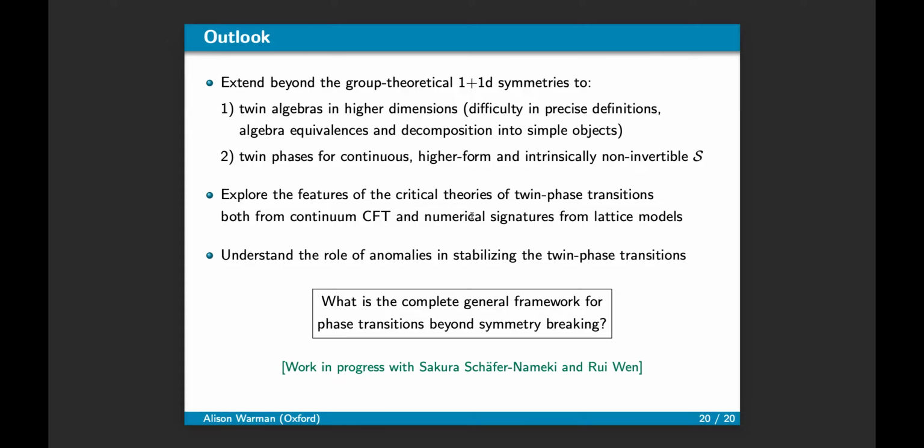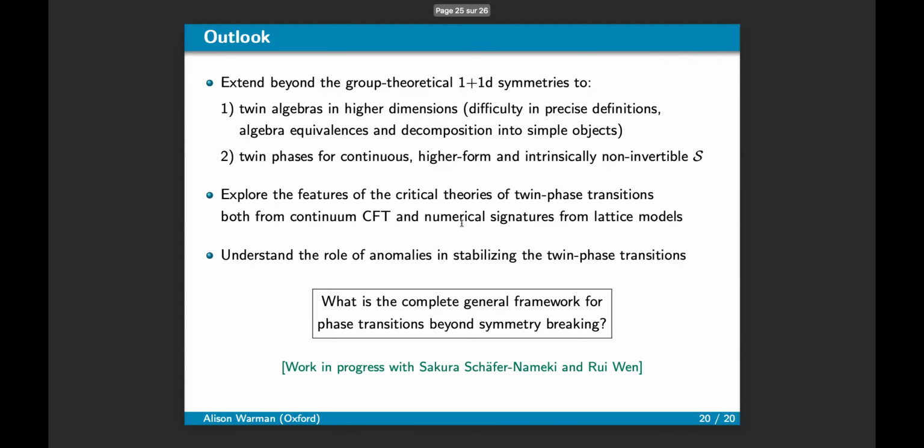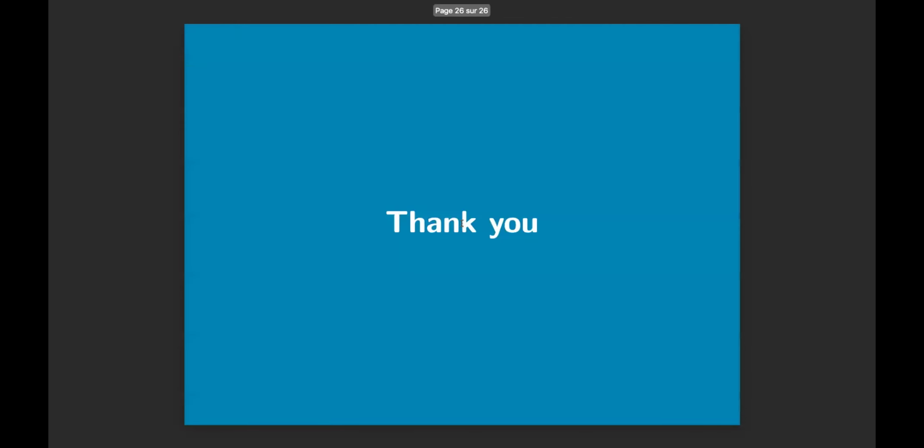And finally, we've seen that spontaneous symmetry breaking is not the full answer to the question of phase transitions. So what is the general theory of phase transitions? And this is something we are now thinking about. Thank you very much.